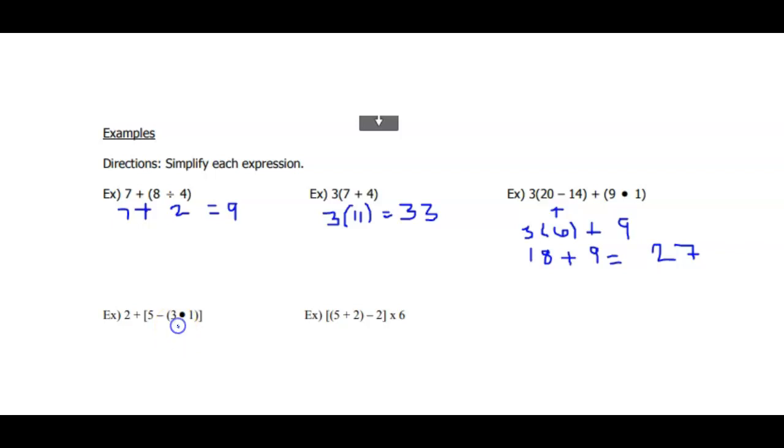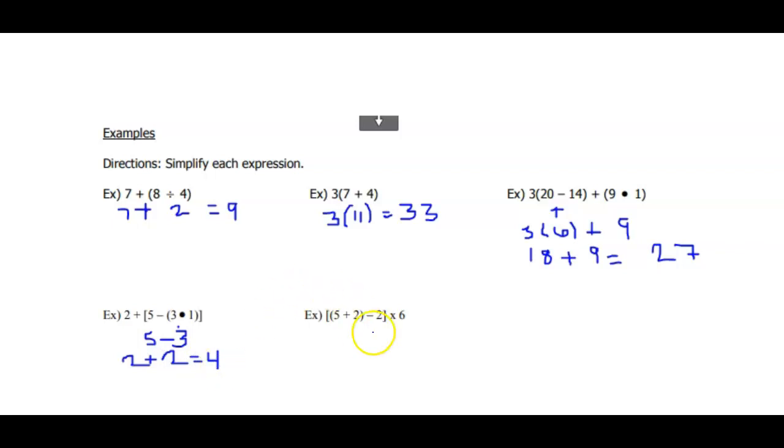With the innermost sides, we've got a 3 times 1 here, which is just 3. Then we have to take 5 minus what's in the parentheses. So that's 5 minus 3. 5 minus 3 is just 2. And then we have to do 2 plus 2. Well, 2 plus 2 is equal to 4.